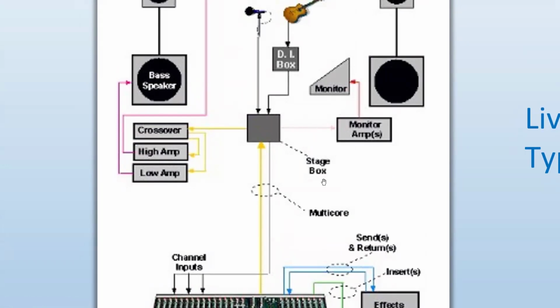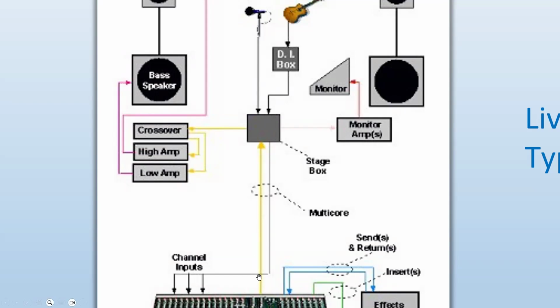Now, in analog systems, the inputs are connected on a one-to-one basis. So they're just extended inputs in the stage box, and the stage box will be passive, which means there's no power needed to power up the stage box.